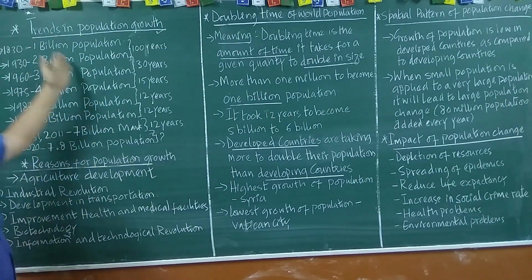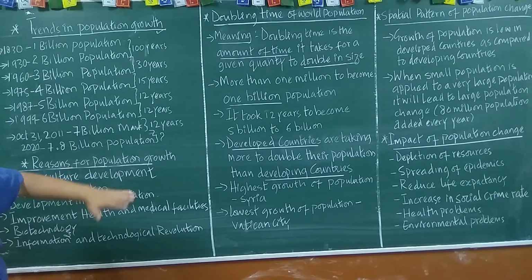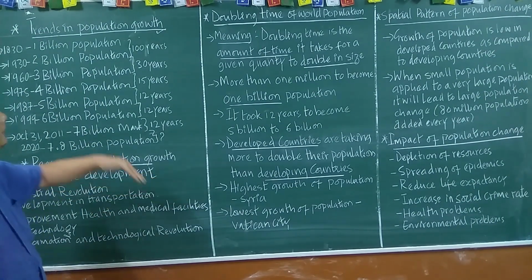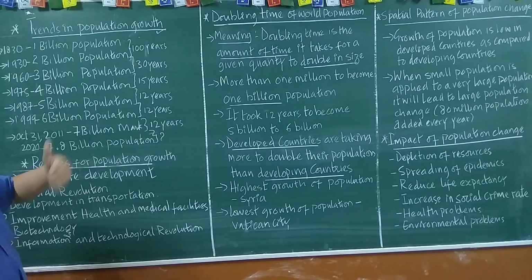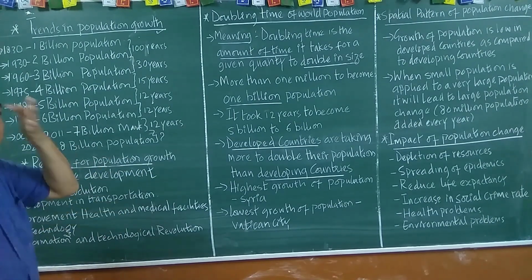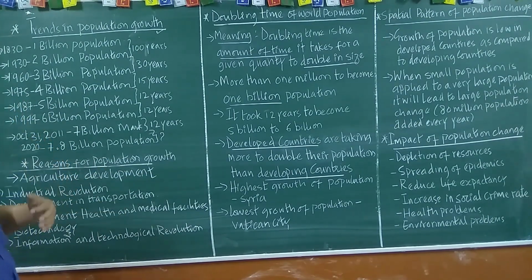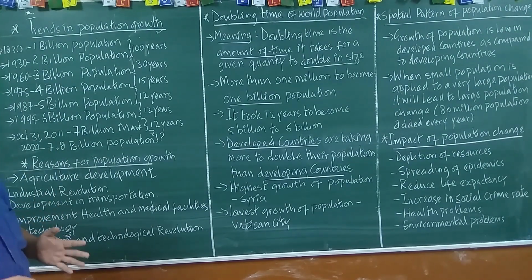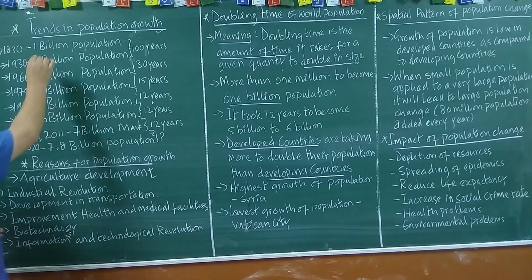So you can see the trends of the world's population. It has taken almost a million years, or more than a million years, to reach a world population of 1 billion.